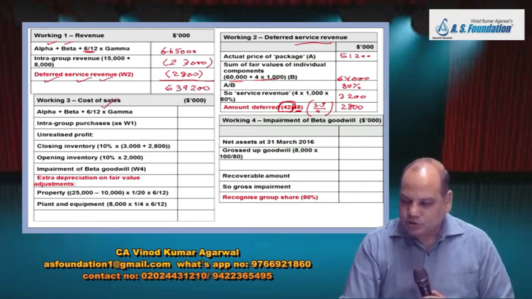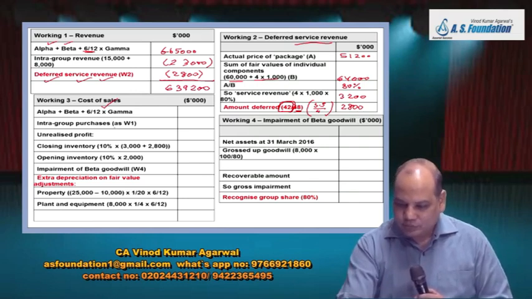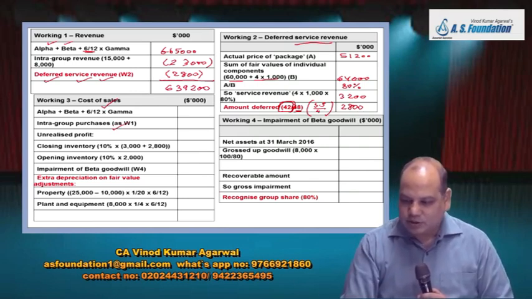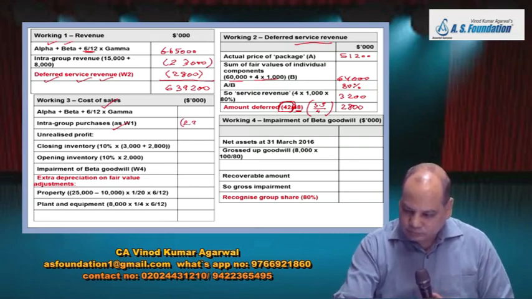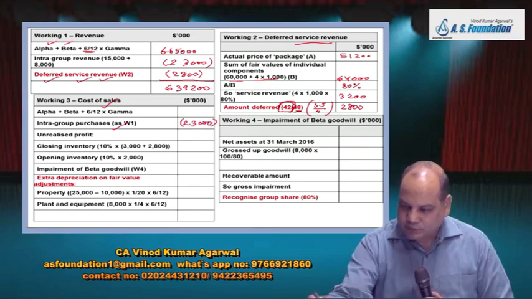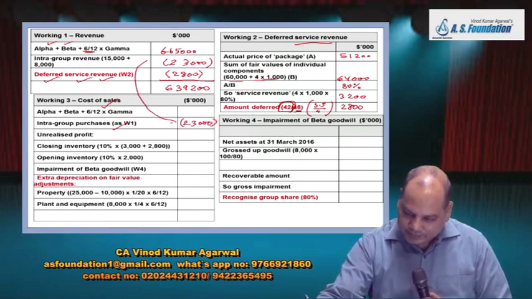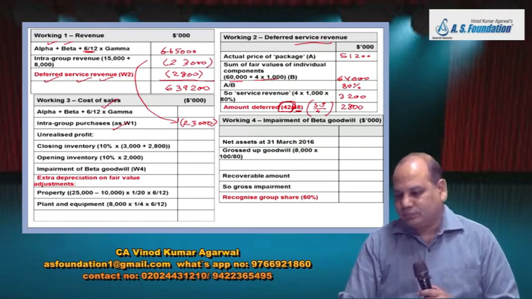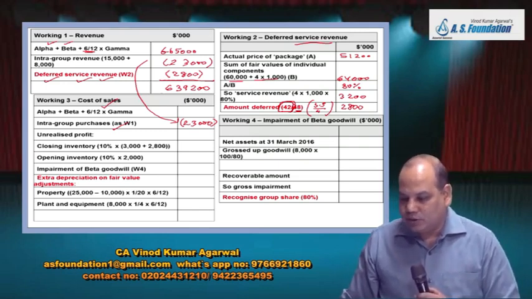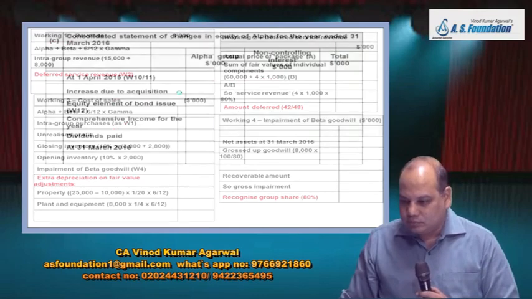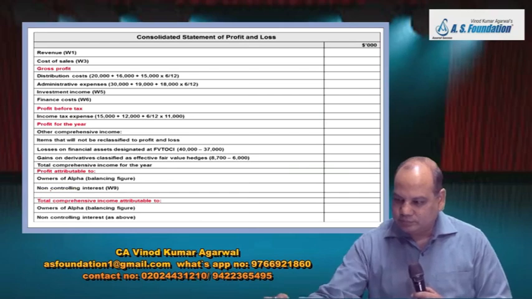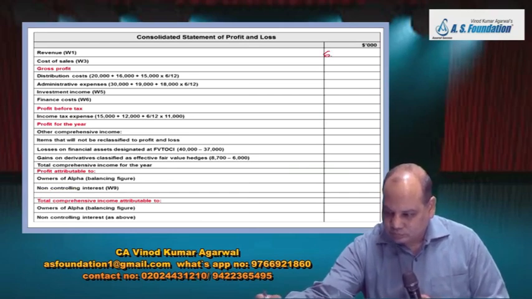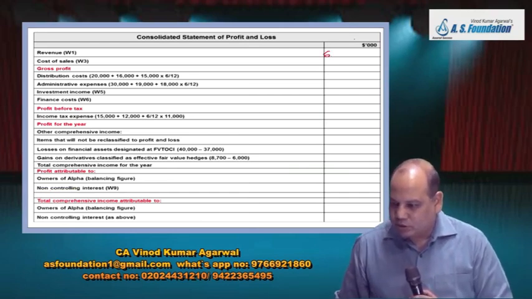And you come to this cost of sale working note also. Intra-group purchases eliminate 23,000. Second effect of this. So let us come to main page. 639,200. Revenue, write down 639,200.